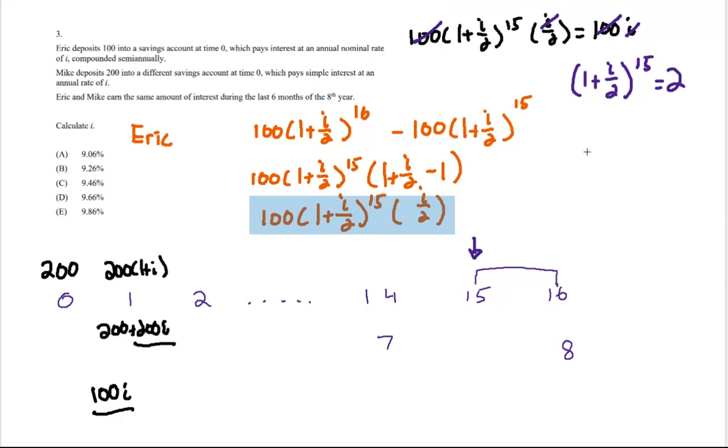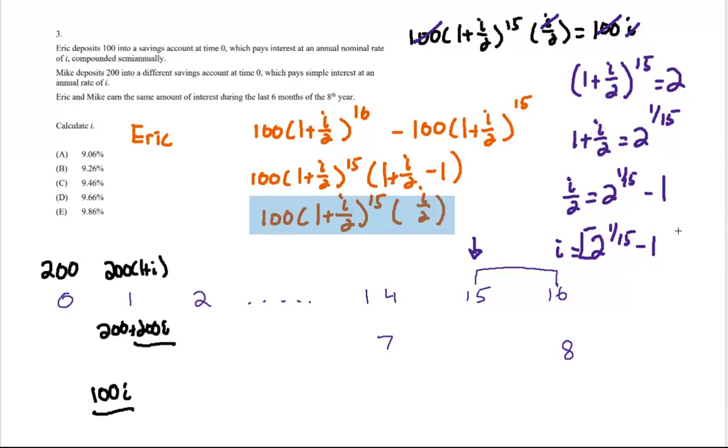So be careful what we have. I have 1 plus I over 2 equals 2 to the 1/15th. And then I have I over 2 equals 2 to the 1/15th minus 1. And finally, I equals 2 to the 1/15th minus 1, all multiplied by 2.